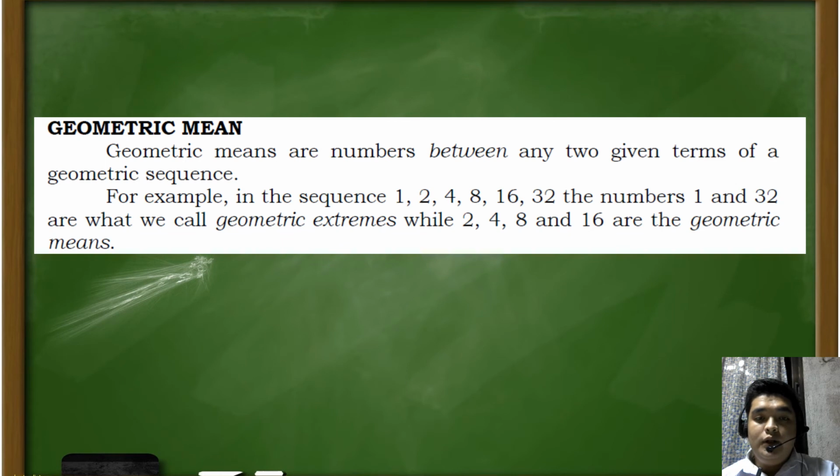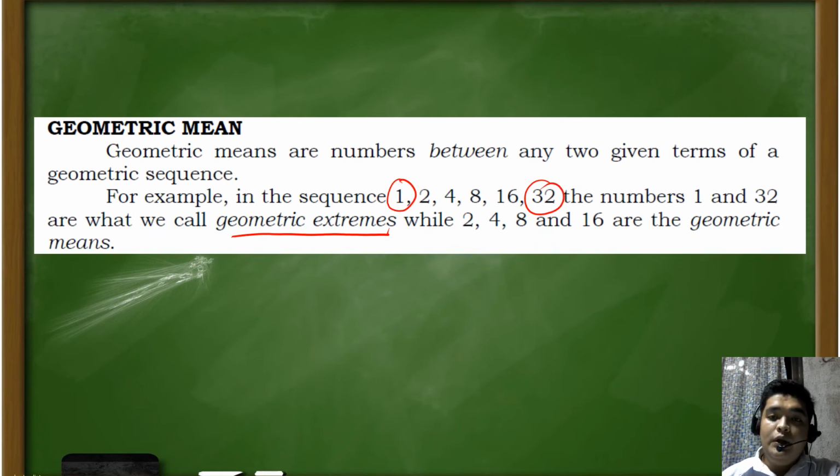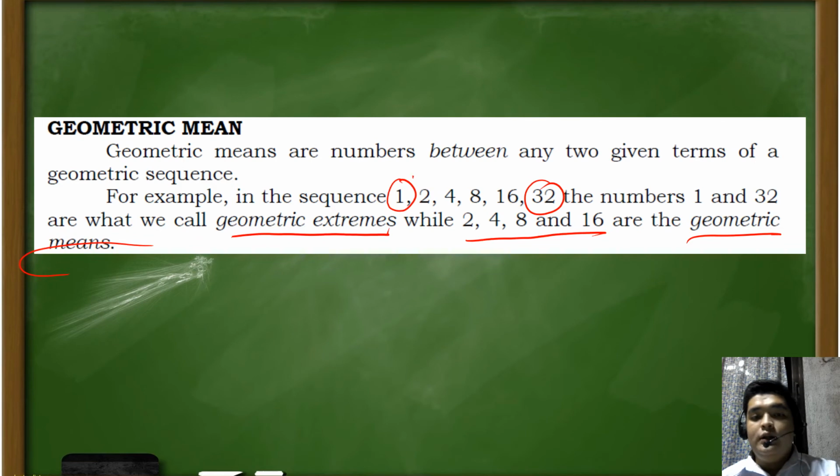For example, in the sequence 1, 2, 4, 8, 16, 32, the numbers 1 and 32 are what we call geometric extremes, while 2, 4, 8, and 16 are the geometric means.